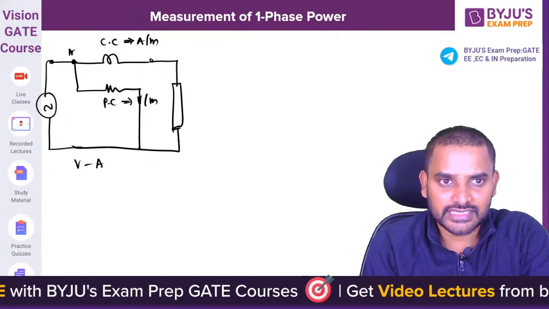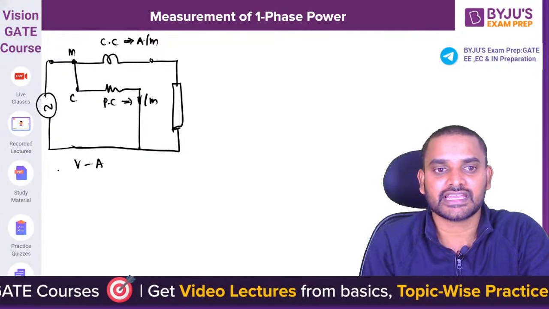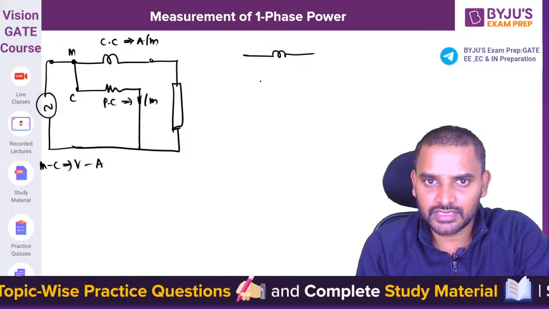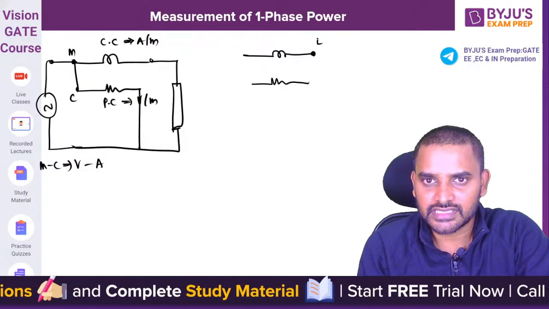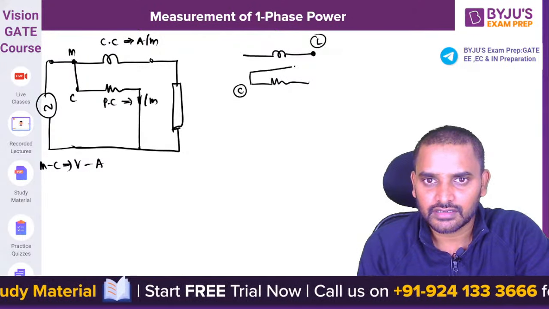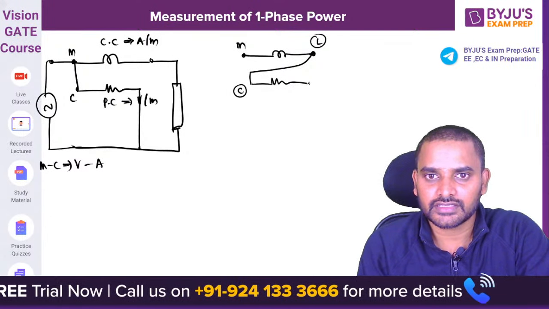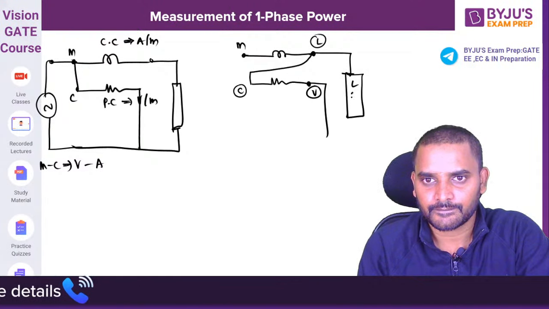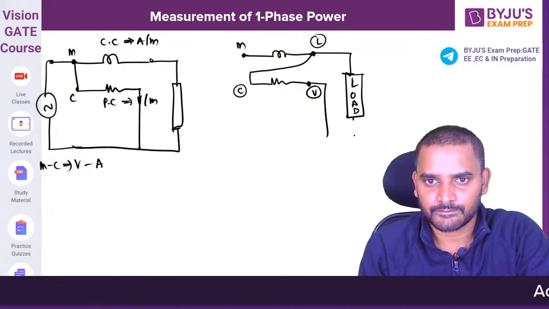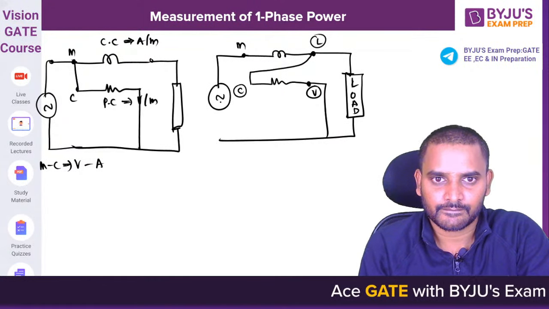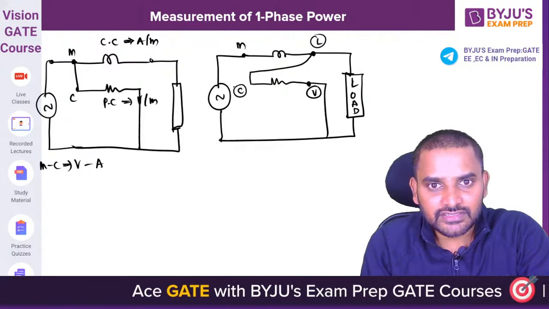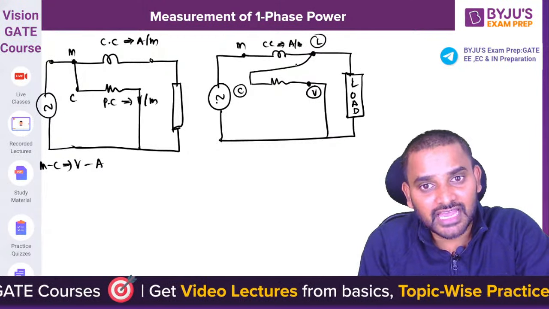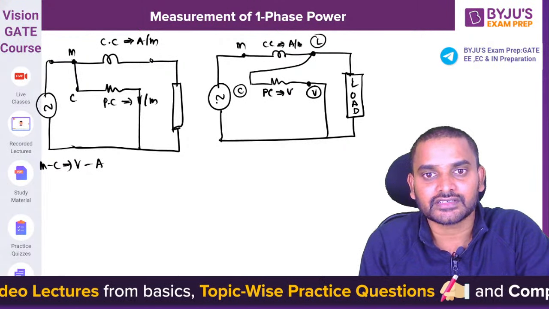So MC short is like the VA method. Then LC short: this is L and this is C, this is M and this is V. In LC short, after the supply the ammeter is first, and then after the ammeter comes the pressure coil, that is the voltmeter.